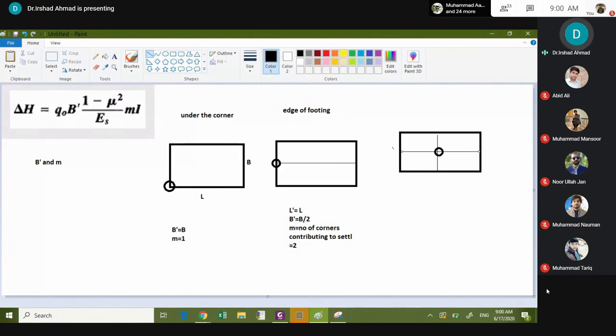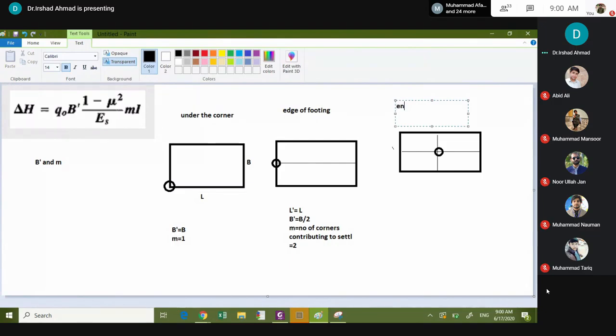You would divide this into 4 parts. This is under the center of footing.